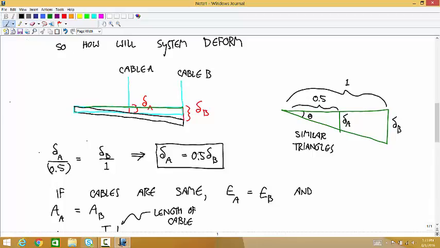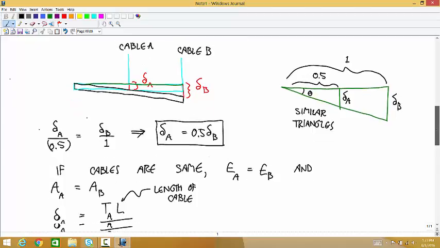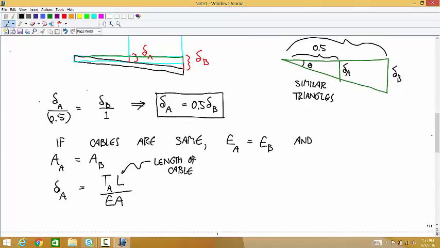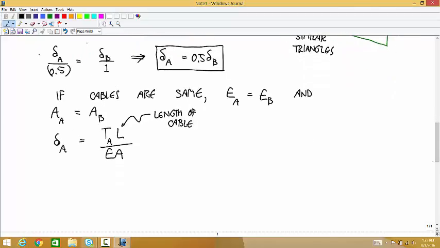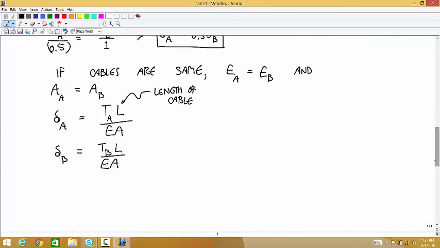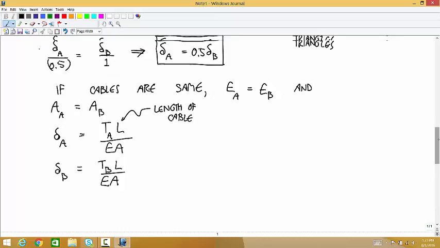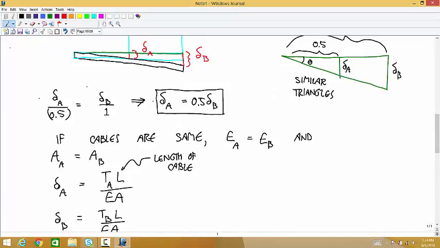I have room over here, so I'll do it 0.5. And delta B is equal to TB times that same length. Those cables have the same resting length, divided by EA. And now we can use that in this constraint equation, this red star equation.